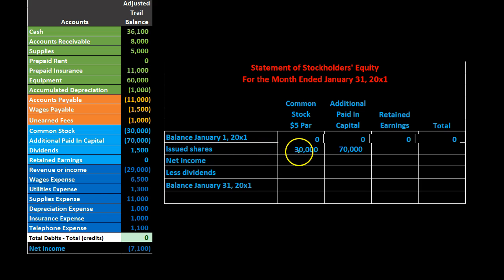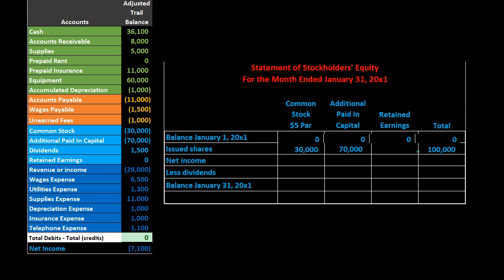We issued them at 30,000, that's the par value, and then we got another 70,000 over and above that. So we issued them for 100,000 at $5 par value, with 70,000 over and above. Then the retained earnings is at 0. So the total is 30,000 plus the 70,000. This is where we're starting, or this is where the investments were through this time period.